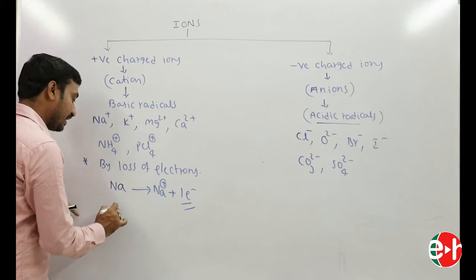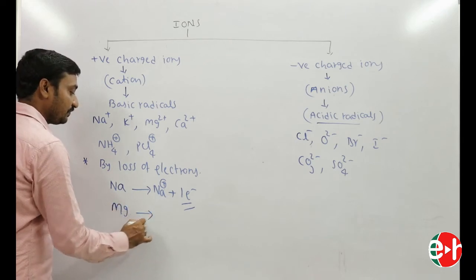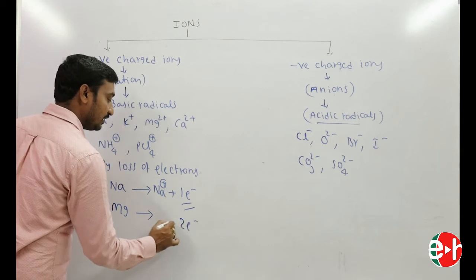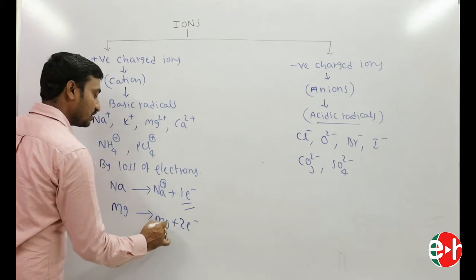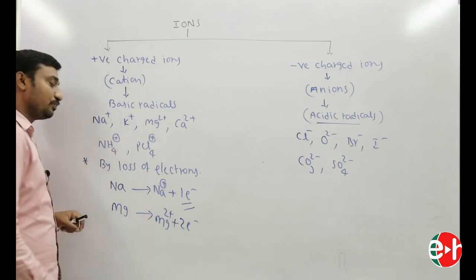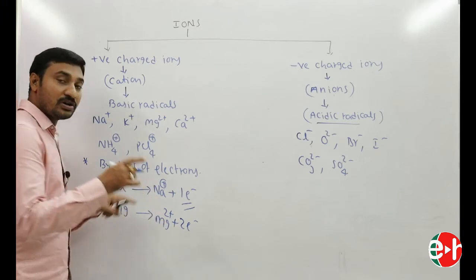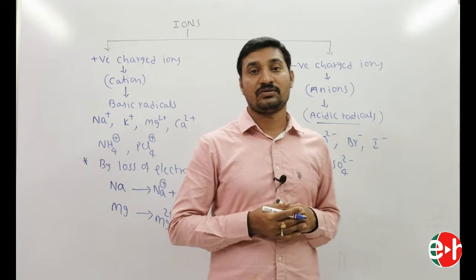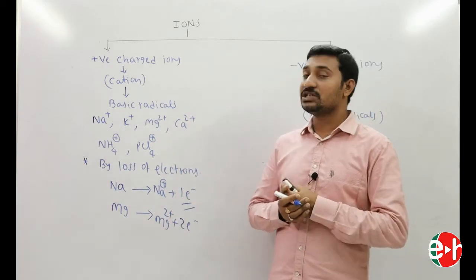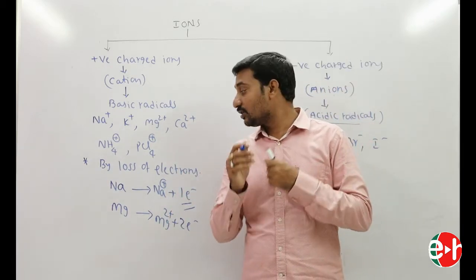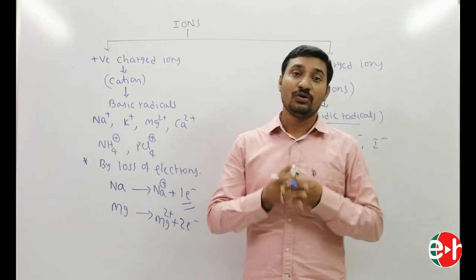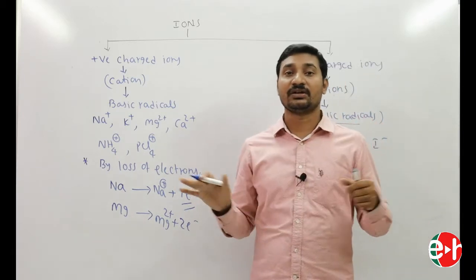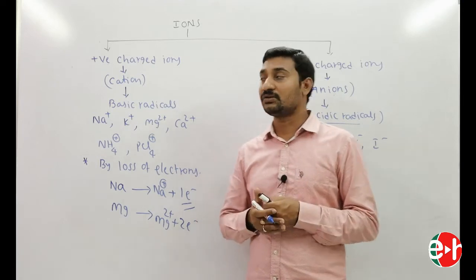For example, Mg. If it lost two electrons, Mg2 plus is formed. Two positive charges means it lost two electrons. One positive charge means it lost one electron. No charge means no loss or no gain of electrons.